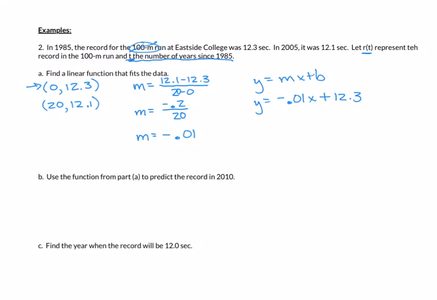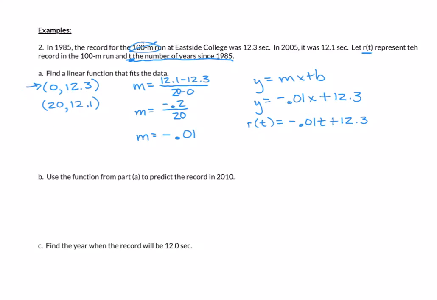So I need to replace my variables. So I'm going to go ahead and rewrite this in function notation. We get r of t equals negative 0.01 t plus 12.3. Now we are done.